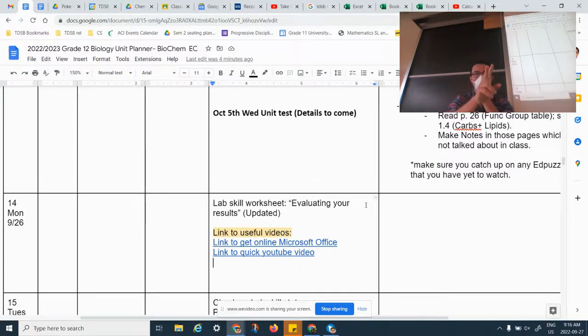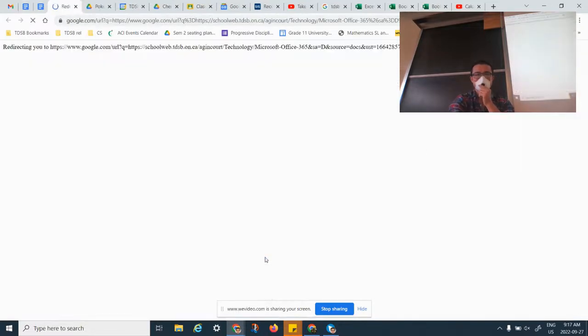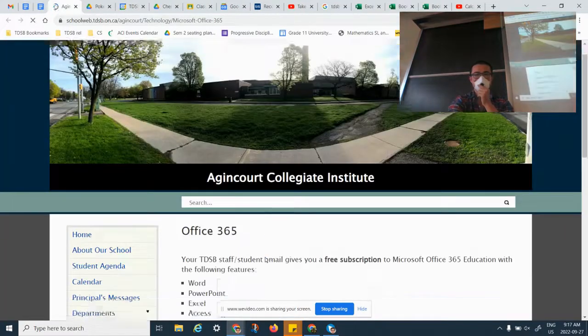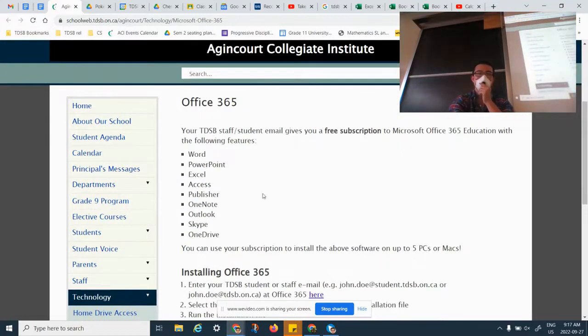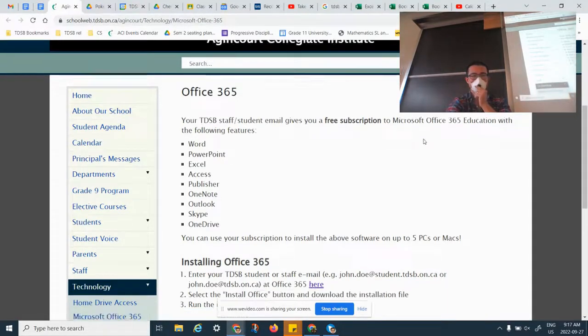Now, first off, two links. Some of you look like you have accessed it earlier when I was walking around. Some of you don't. As I said, I want you to use Microsoft Excel. As TDSP students, you can access a free version of Excel using your TDSP account. If you click on this link here, it'll tell you that signing up with your TDSP account gives you a free subscription to Microsoft 365.